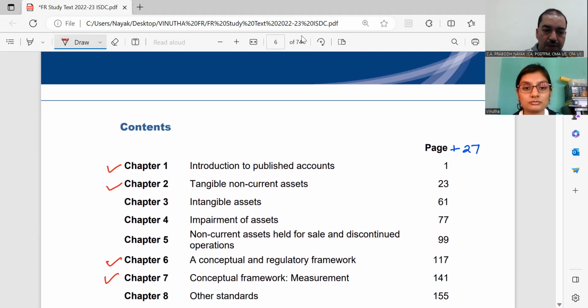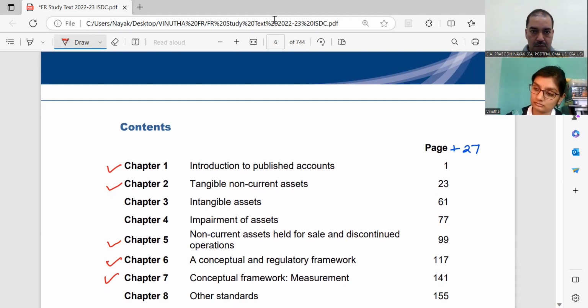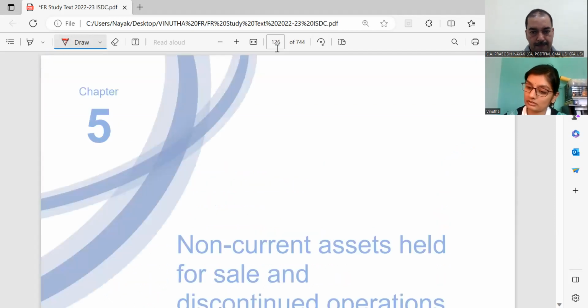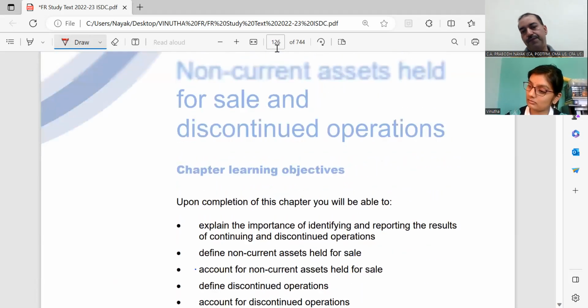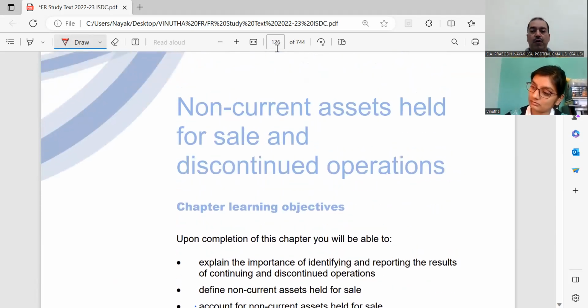We'll now come to chapter number 5 because it is a continuation of tangible non-current assets. So what is the title here?